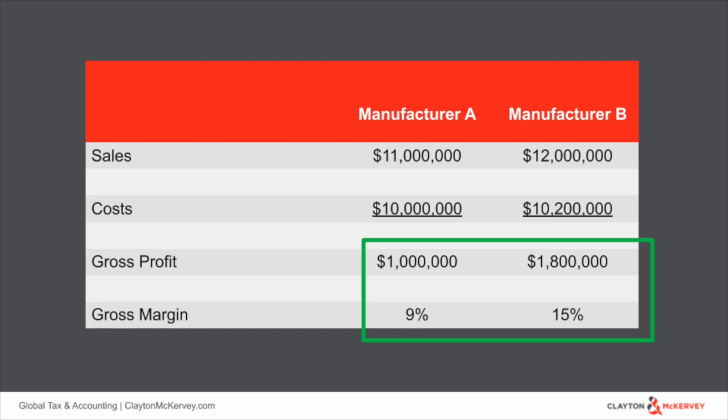So manufacturer B, while they only have 9% more revenue, they actually have close to 80% more profit comparatively. Or looked at alternatively, the second company has an additional $800,000 in gross profit with just $1 million more in sales.